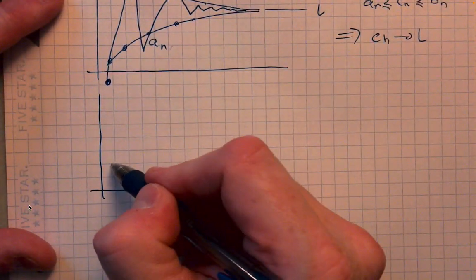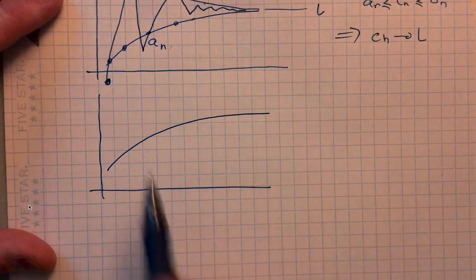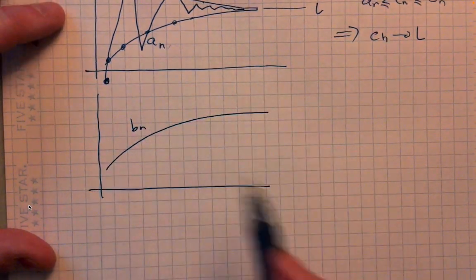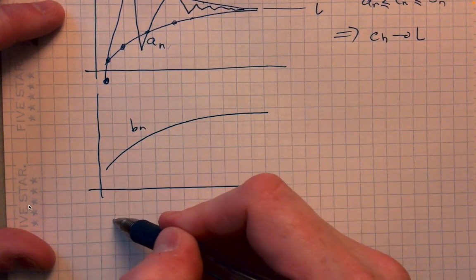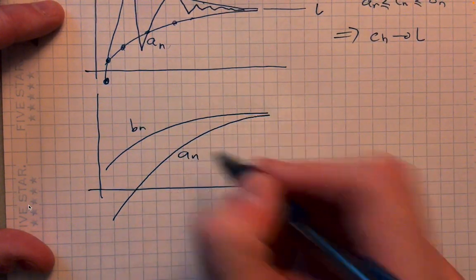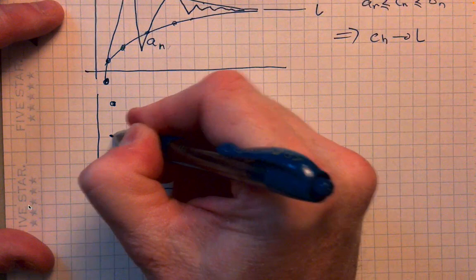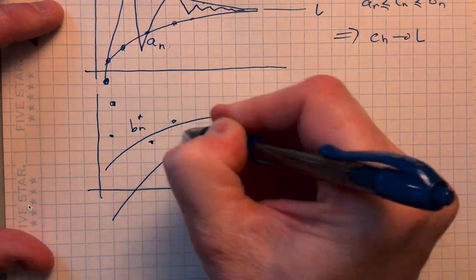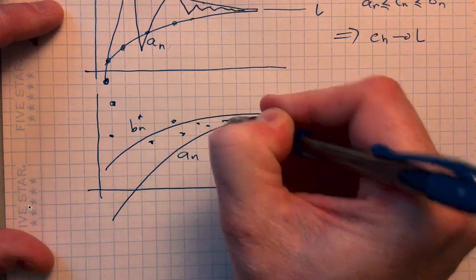Maybe what happens is you've got something that goes like this. Maybe this is your b of n, and then you've got an a of n that kind of comes like this, and then maybe your c of n starts out really high but then comes down into this range.